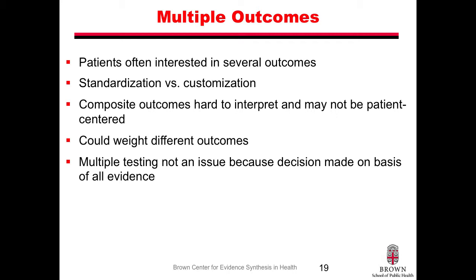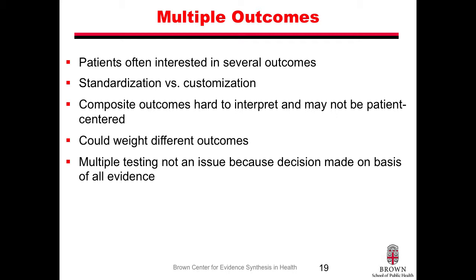So you're balancing here this idea of standardization of outcomes versus customization. So, for example, if the patient is interested in how well they sleep, do you use a validated scale, in which case you've somewhat standardized it, but maybe the questions on that scale are not really the ones that patient is interested in, and so you might need to customize it a little bit. So again, there's a trade-off here. But if you're doing this in a community practice, you probably do not want to be getting into these questions because this is not where the expertise is on this kind of research.